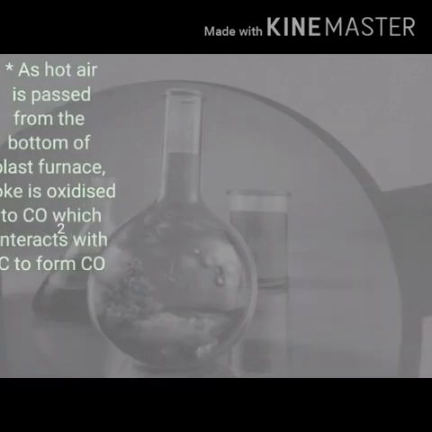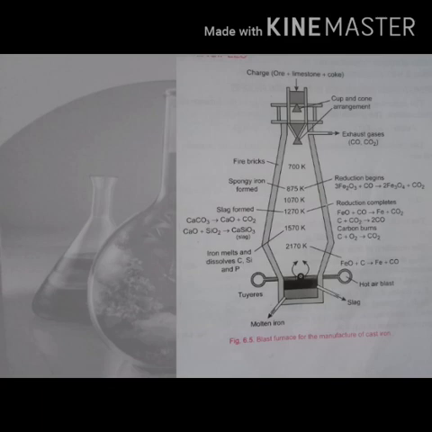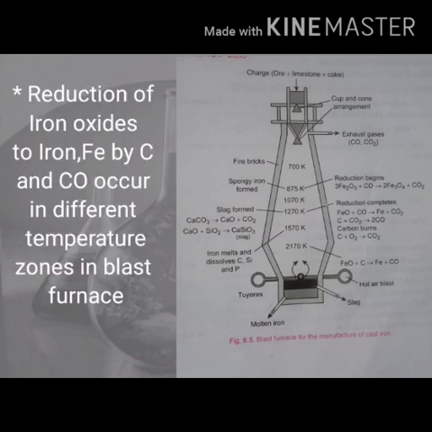On passing hot air from the bottom of the furnace, the coke is oxidized to carbon dioxide, which interacts with carbon to form carbon monoxide. In the blast furnace, reduction of iron oxides to iron takes place in different temperature ranges by carbon and carbon monoxide.